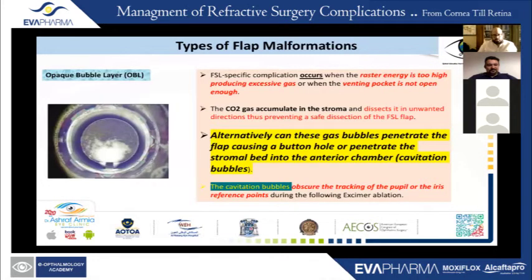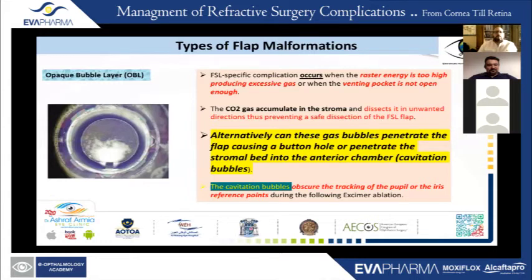You can face in femtolasic a sign called opaque bubble layer, which is the OBL. It occurs when the raster energy is too high, producing excessive gas, or when the venting pocket, the canal, is not open enough.